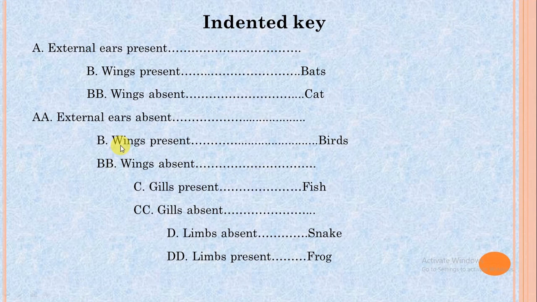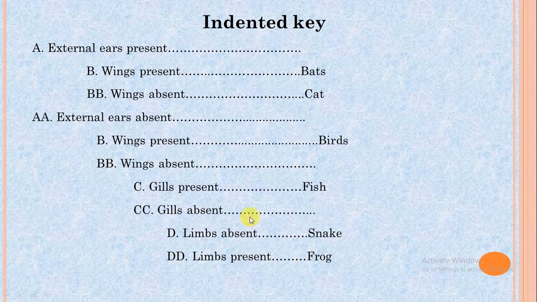Again, this is the same indented key, but it is slightly different from the previous indented key in the way of representation. In this indented key, we have just reshuffled these alternatives, and here also we have shuffled these alternatives. In the previous indented key, this character was written earlier and then this character was written.